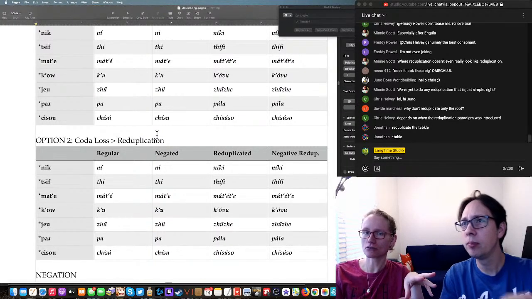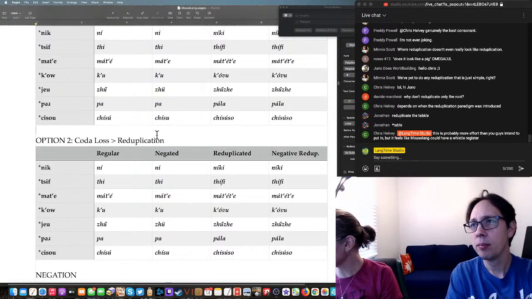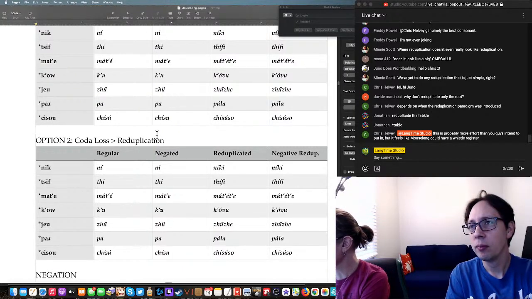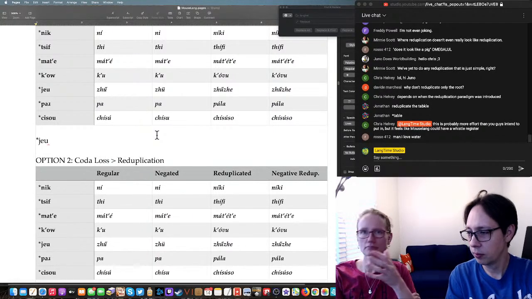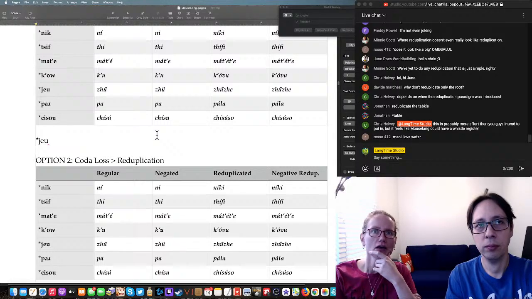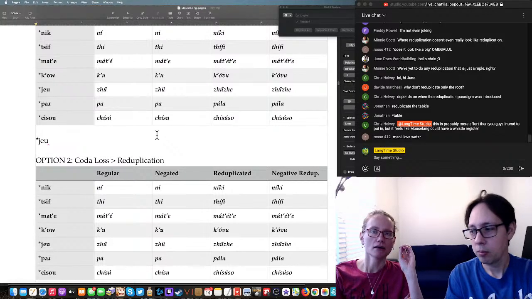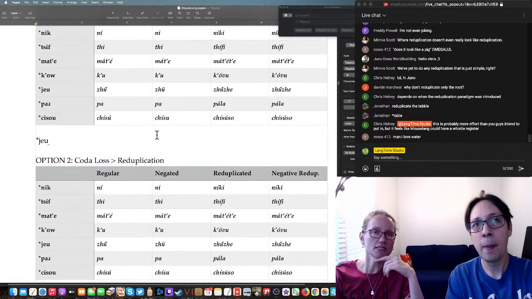Okay, let's think this through. Specifically, I want to focus on this one in particular. I'm going to type this here so that there, it showed up much later. Because we've got CVV, yeah? That means that diphthongs have to be simplified before we reduplicate.